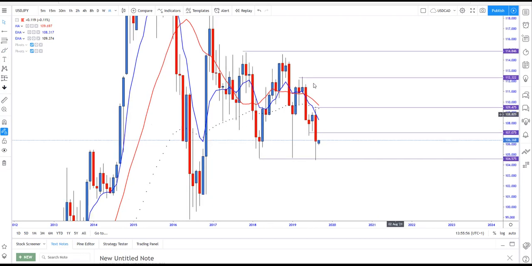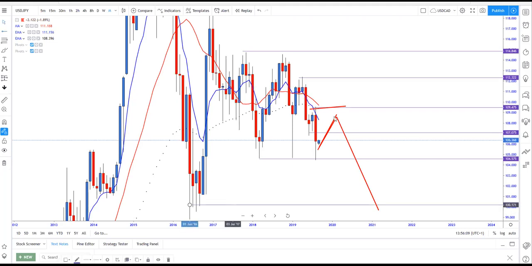Now I will be expecting something like this. As long as price does not break this level, then I'm expecting this. If the price breaks this, then it could be a deeper retracement. Just to have a rough idea of the sort of price action, the kind of month that I'm expecting.